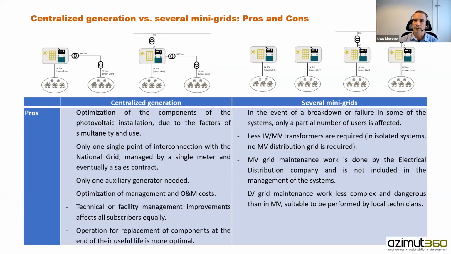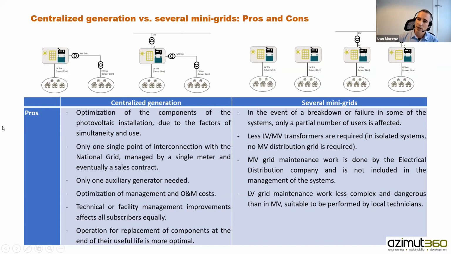And here we are going to talk about the strengths in these two cases: the centralized generation that could be with interconnection to the utility grid, or without the utility grid, with gensets or fuel-based generation.